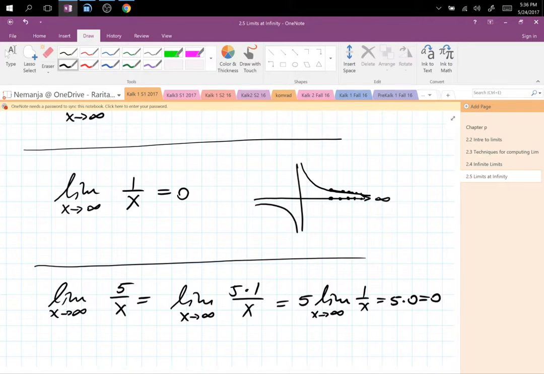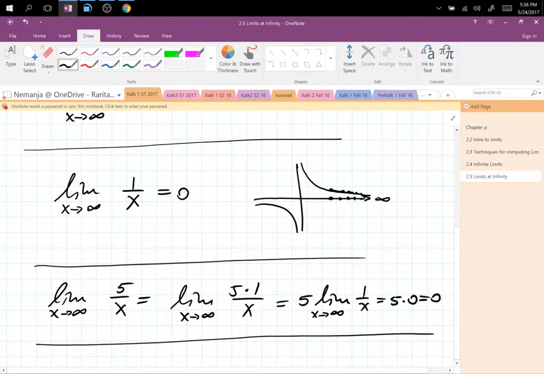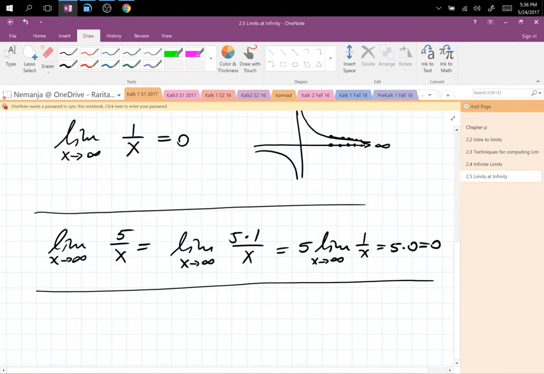Now the question is, what is this good for? These particular problems that I have, they're good so that we can see that if we divide something by infinity, we eventually get 0.